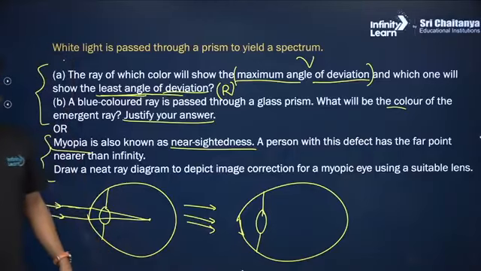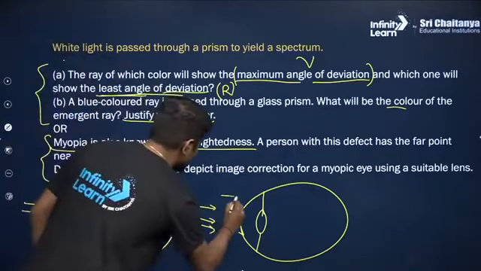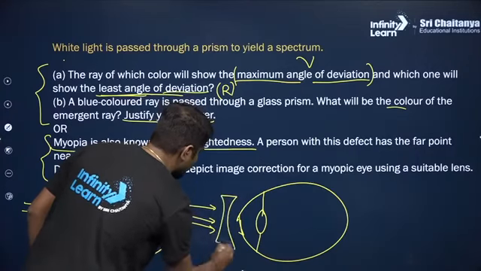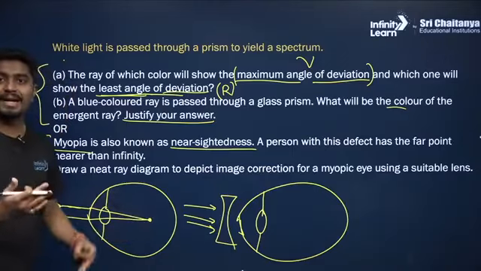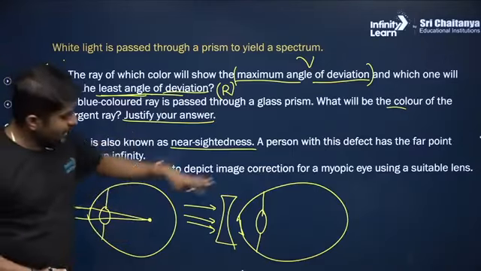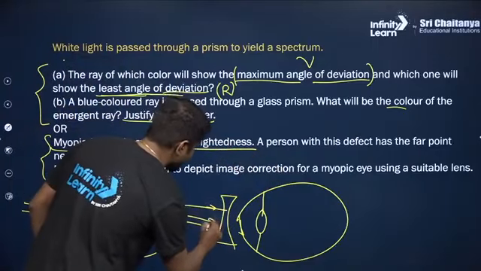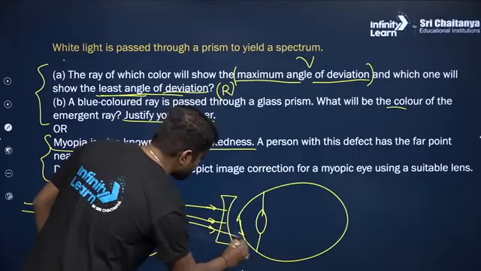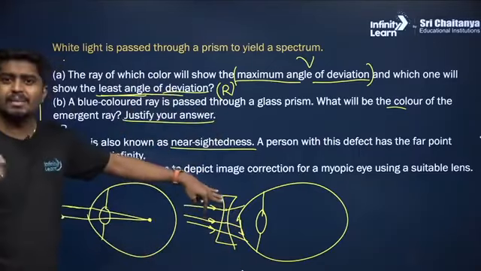Will you use concave or convex? Yes, we'll use a concave lens. So this is the concave lens. Why? Because you see the image is formed before the retina. So we need to diverge the rays a little bit so that the image will now form on the retina. So these rays, they will diverge a little bit. Something like this. Can you see a little bit of divergence?